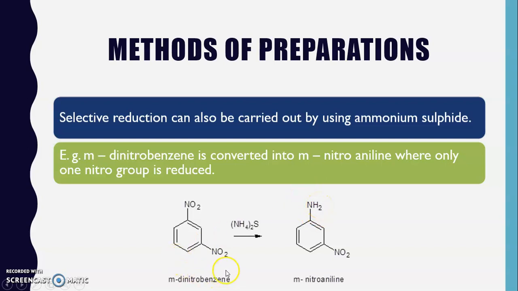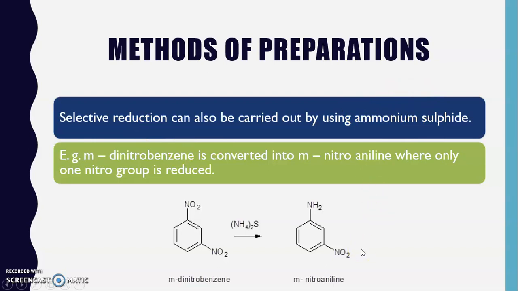So m-dinitrobenzene on reduction with ammonium sulfide will be converted into m-nitroaniline. In this way, we can carry out the selective reduction by using ammonium sulfide as a reducing agent.